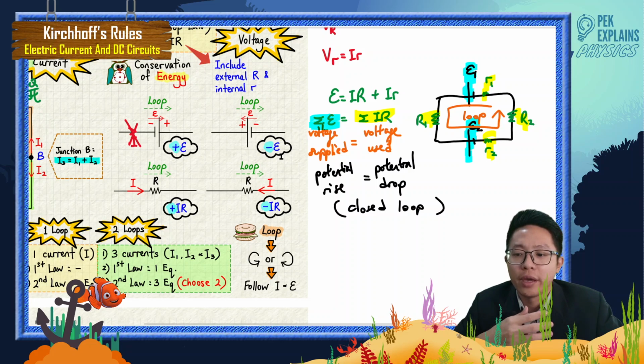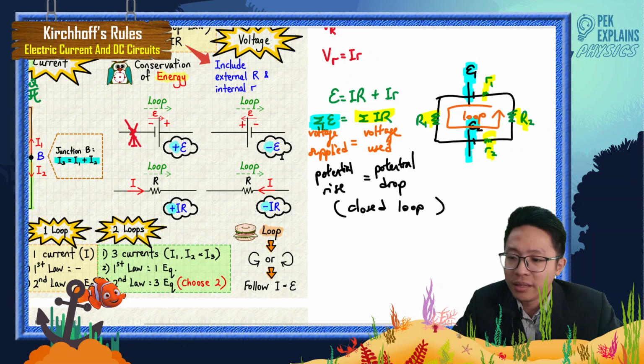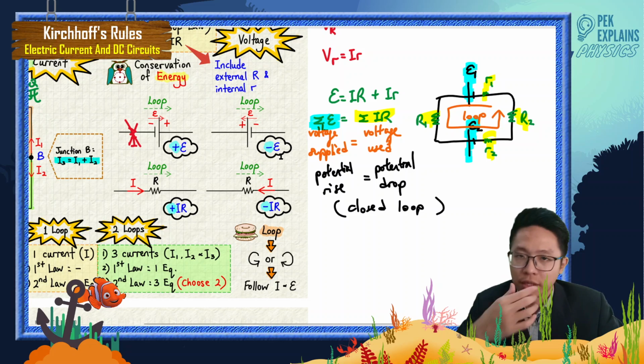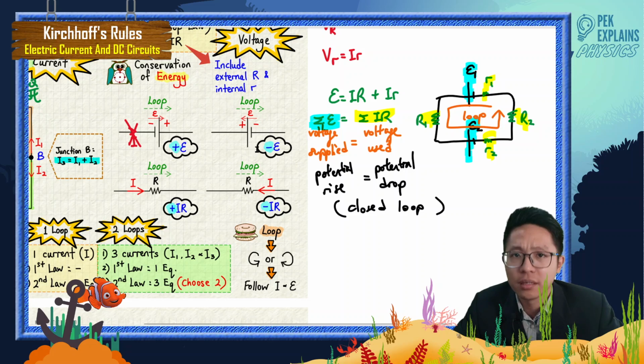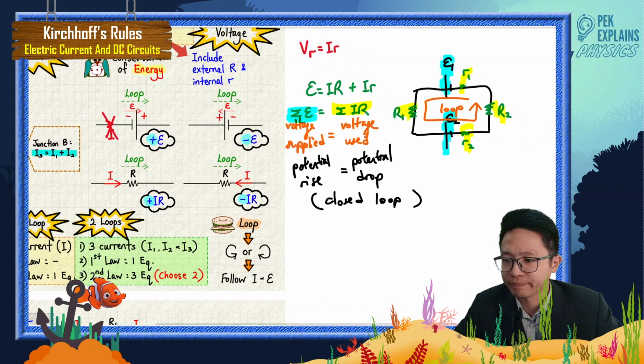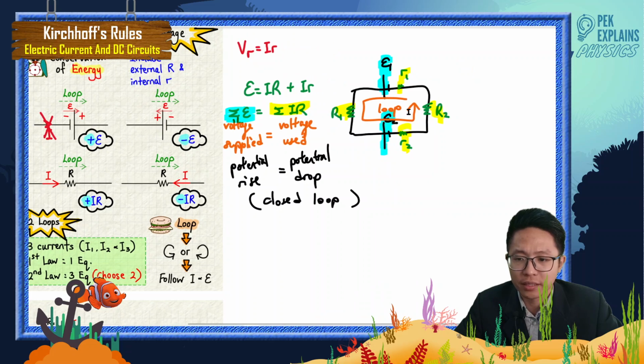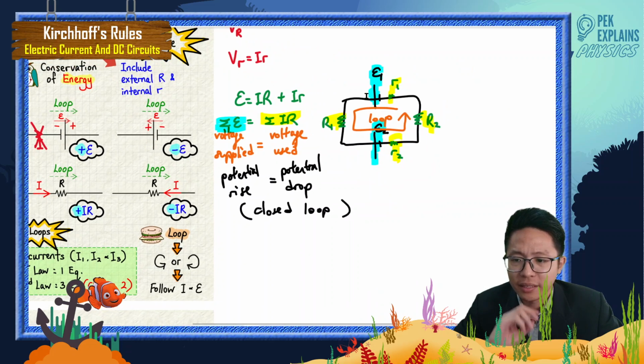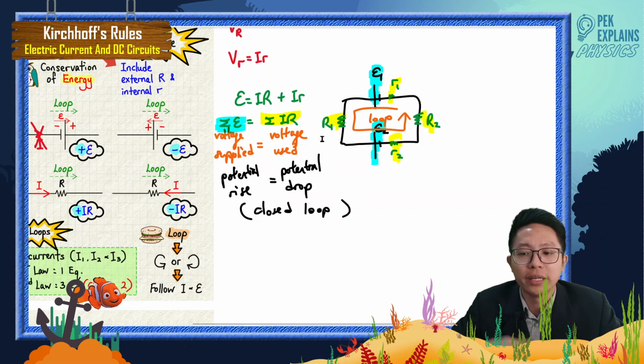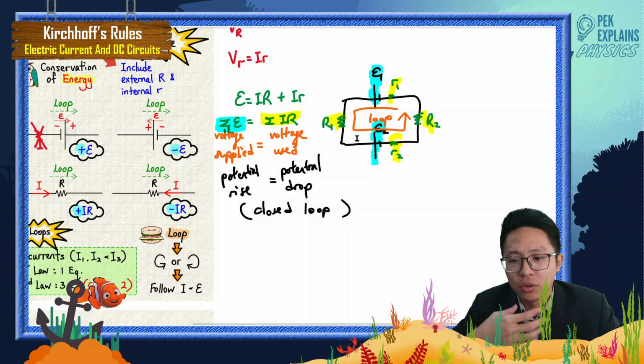That's why it ends up with a negative EMF, because it does not actually supply voltage, but in the other way around, it cancels the voltage. Some batteries cancel the voltage. For example, like this circuit, it is connected in such a way that this battery goes against the loop. You see that?